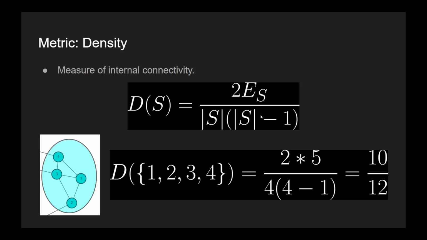And really what this evaluates to is the fraction of edges that exist between all these nodes out of the total number of edges that could exist.